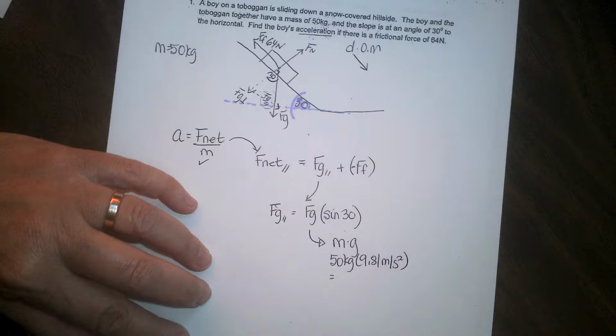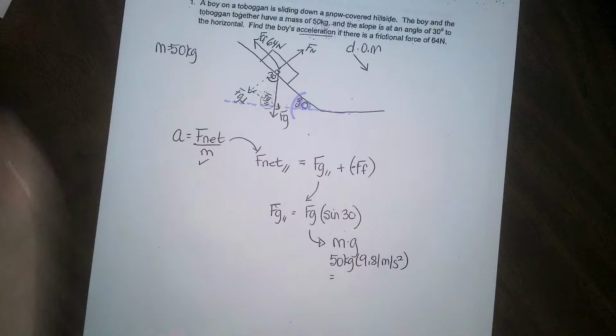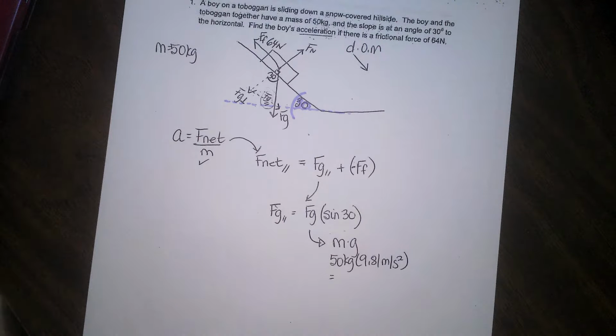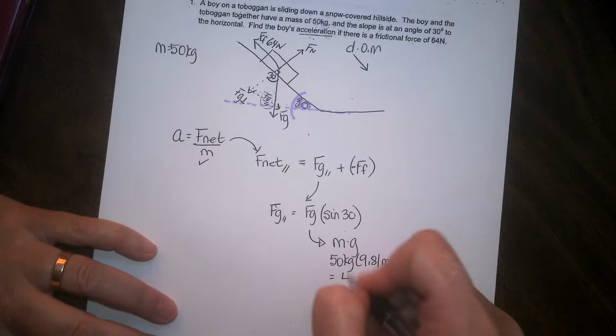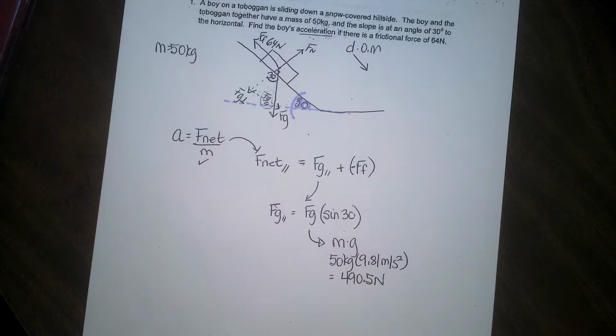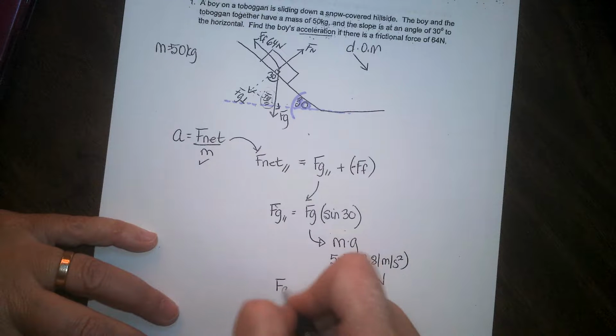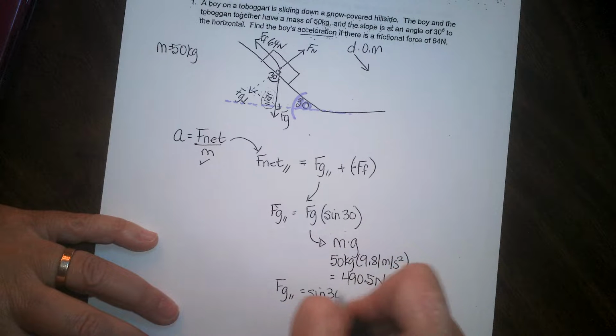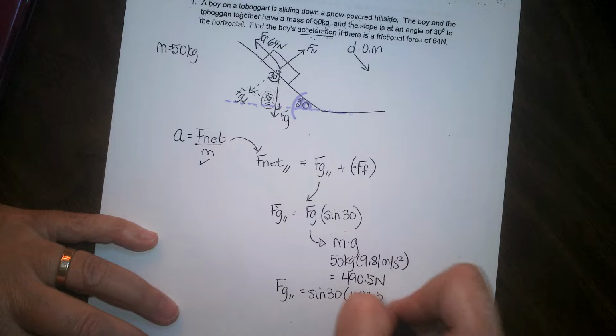And what do we get for a value? Do we agree with Daniel? Because I got a, oh no, I agree with you. 490.5. When I go to figure out force of gravity parallel, then I'm going to go the sine of 30 times 490.5.